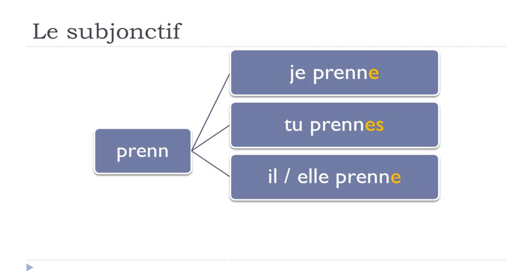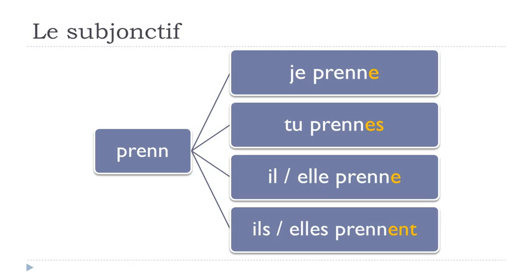The ending for il, elle will be e, and the ending for ils, elles at the plural form will be ent. If you look carefully, it's not that strange. These endings are quite common, and we've been encountering these endings previously. If you think about the present form, then it looks a bit familiar.